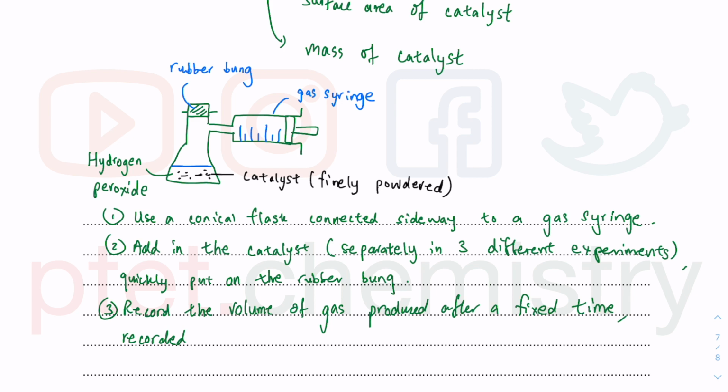So you use a stopwatch to monitor time. For instance, you can say after 20 seconds, after 30 seconds, or maybe after 1 minute, what is the volume of the gas produced by the amount of the catalyst that you added.